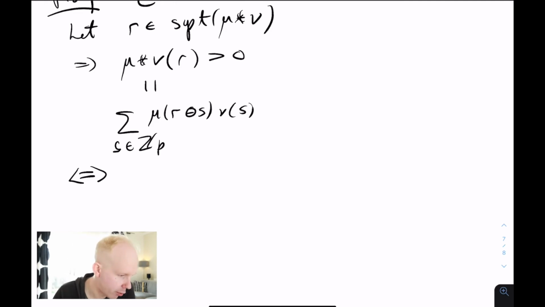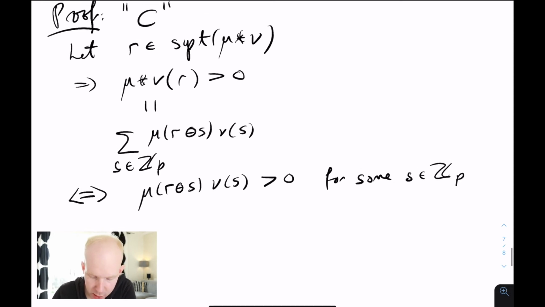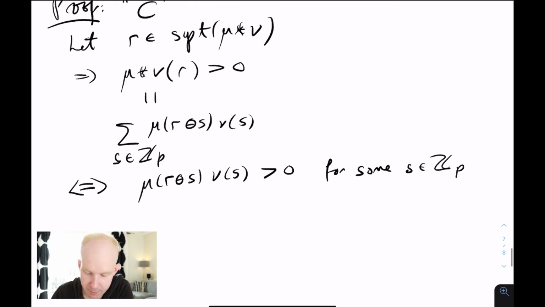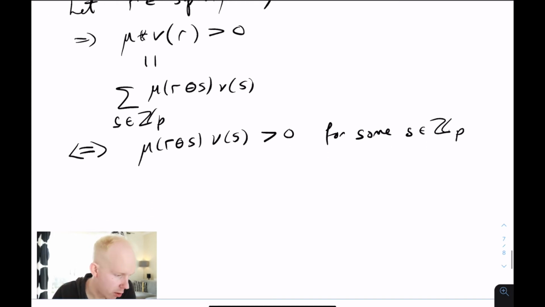The only way this could be positive is if mu(r minus s) nu(s) is positive for some s in Z_P. Because the sum is positive, there exists one of those elements.